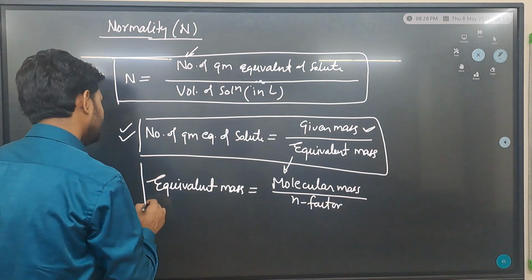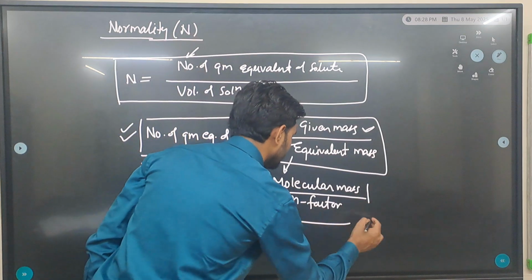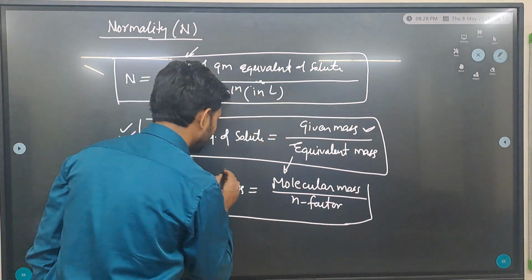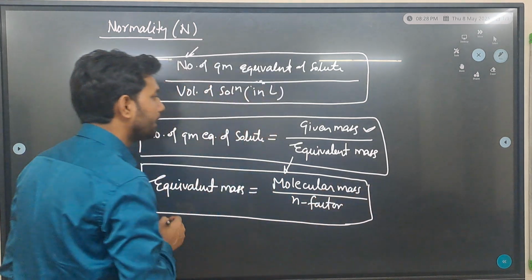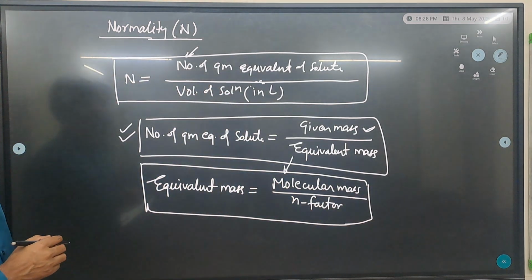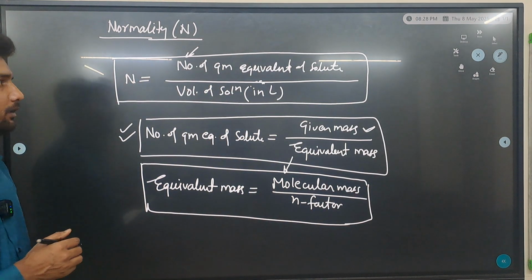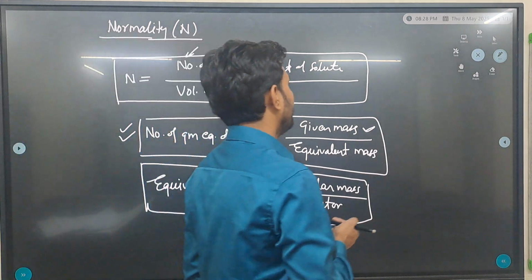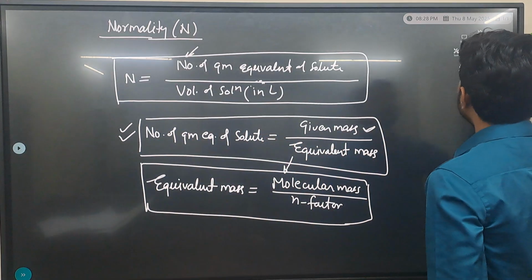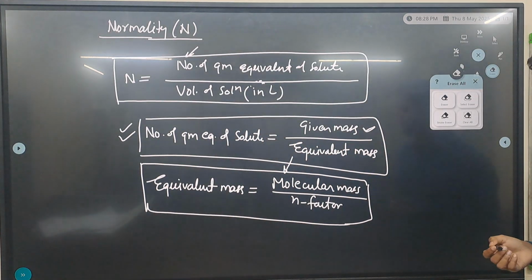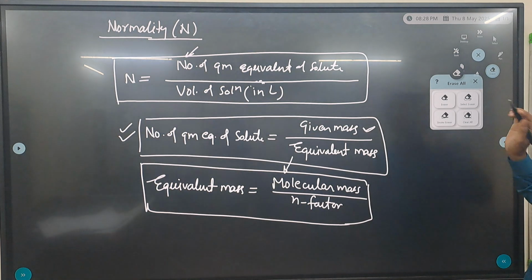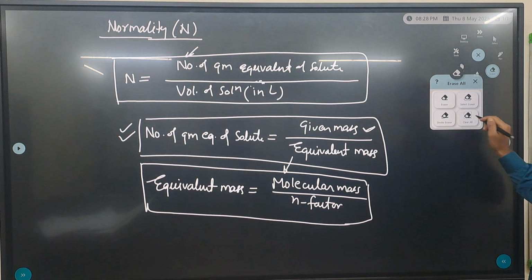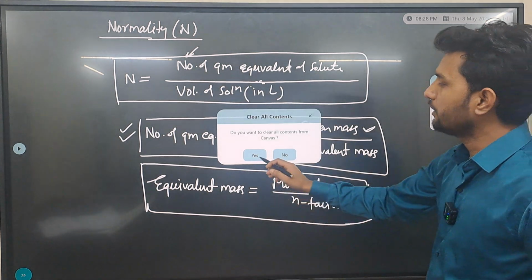Okay. Now next question, what is the n factor? So n factor for acid and base. Now we calculate n factor for acid.